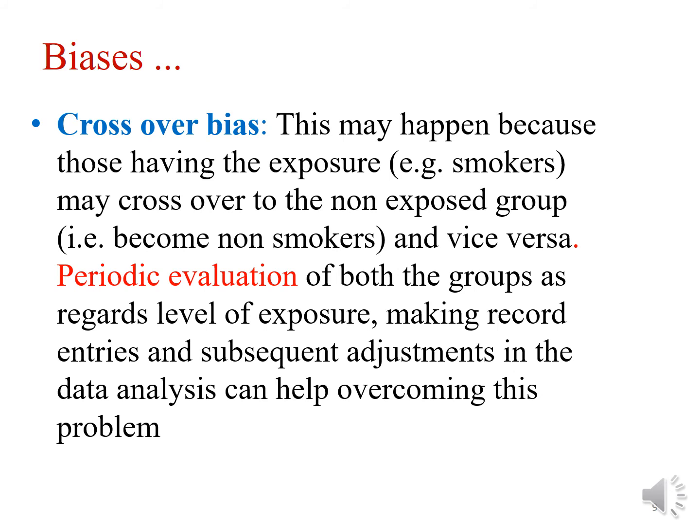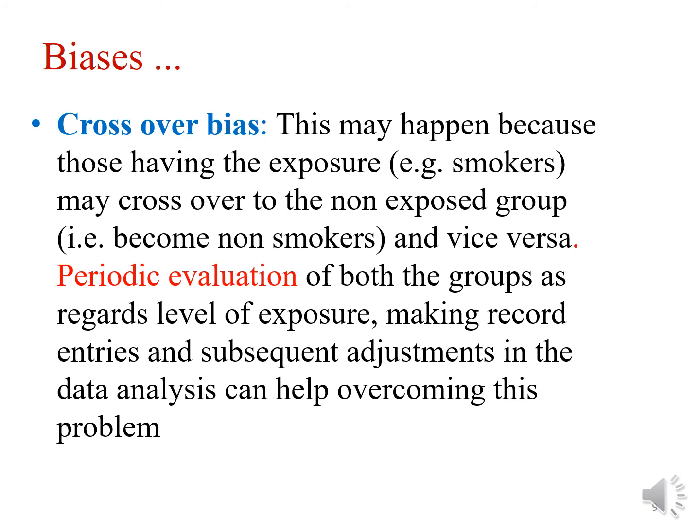Smokers may stop smoking and cross over from exposed group to the non-smokers group, that is non-exposed group, and vice versa. Sometimes smokers stop smoking and cross over from exposed group to non-exposed group.